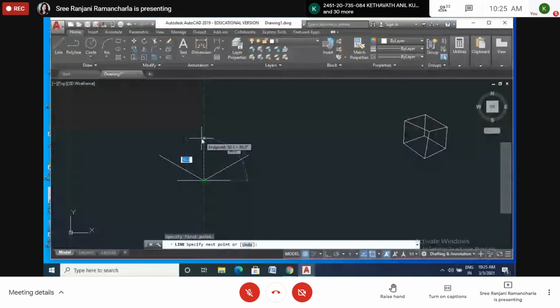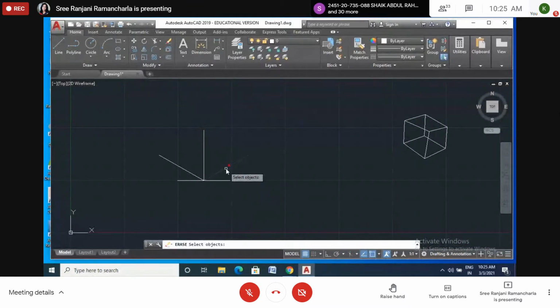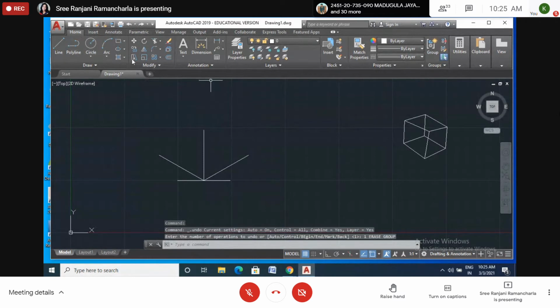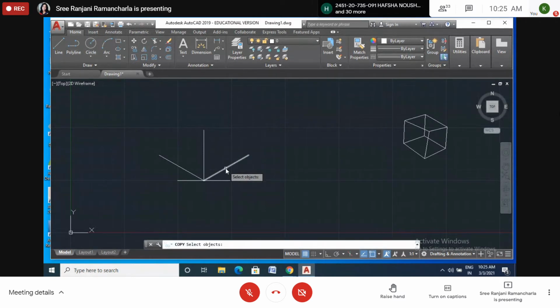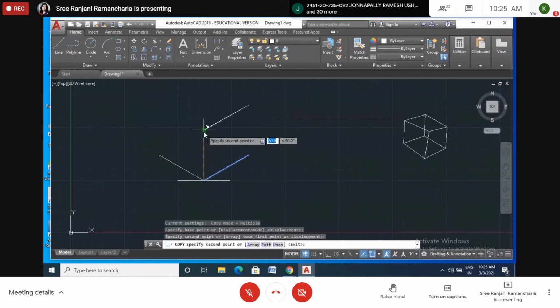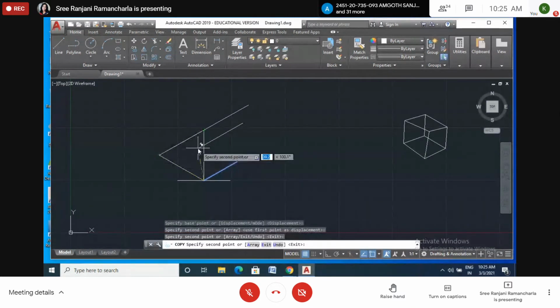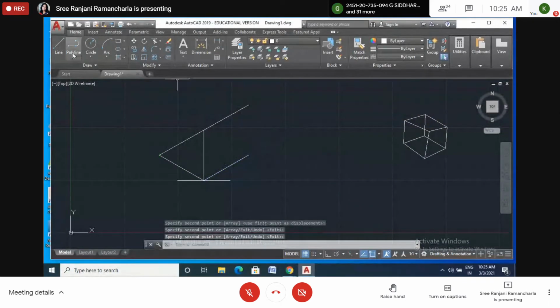Here again, parallel lines I will just copy. Wherever the parallel lines are, I will copy these lines. Here one more line, and here also it will be coinciding. One more line there I will draw. Here again a vertical line, copy.